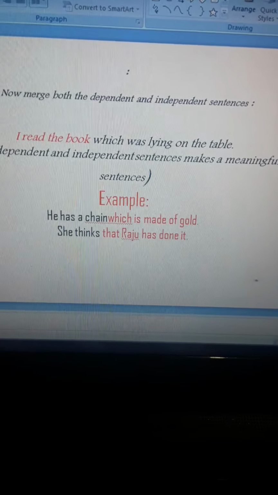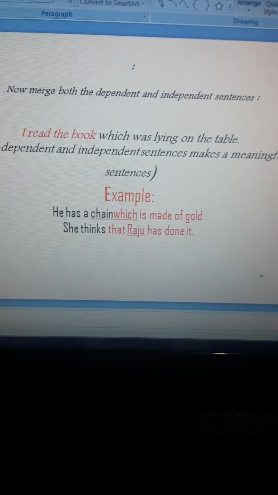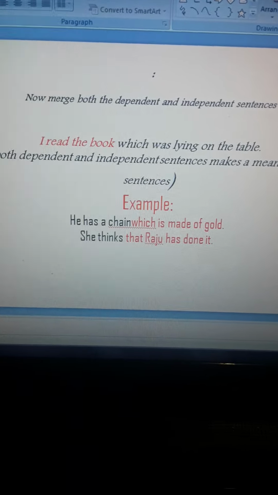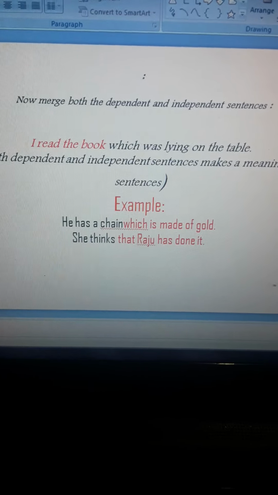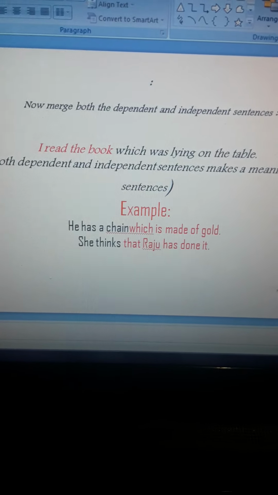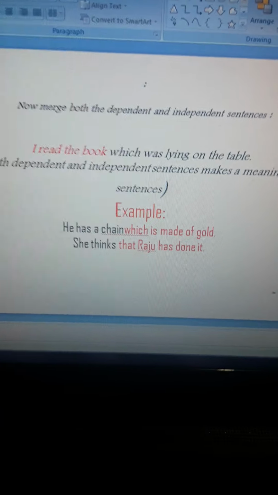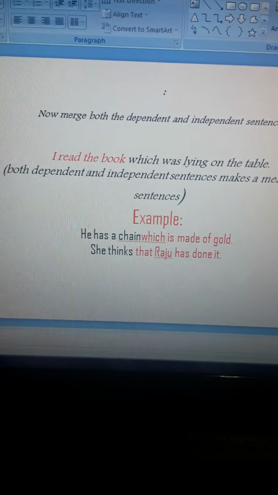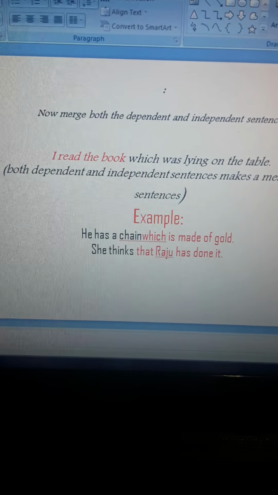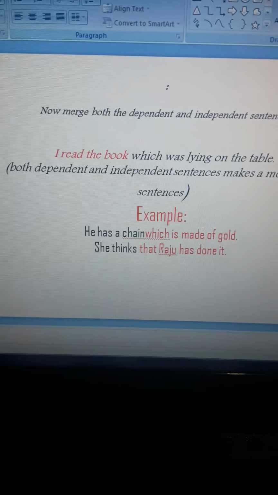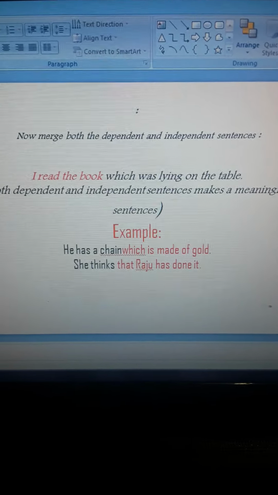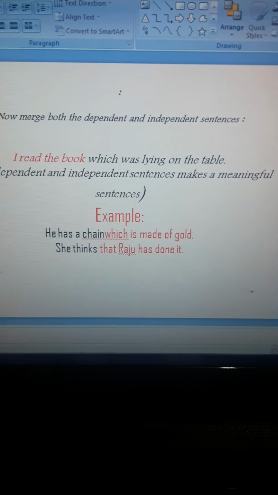On the other hand, that Raju has done it. Now students, what do you mean by that Raju has? What Raju has done? It doesn't convey any meaning and it is incomplete. You can say that Raju has done it. So Raju is the subject and the rest is the predicate of the sentence. Hence, we can call it a clause, but what type of clause is it?